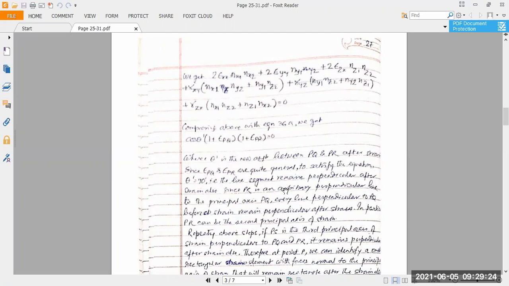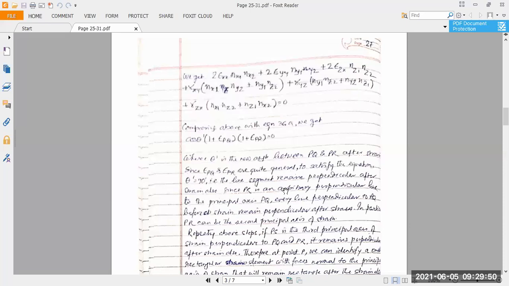Since PR is an arbitrary line perpendicular to the principal axis PQ, every line perpendicular to PQ before the strain remains perpendicular after the strain. In particular, PR can be the second principal axis of strain. If we repeat the above, PS is the third principal axis of strain, perpendicular to PQ and PR.